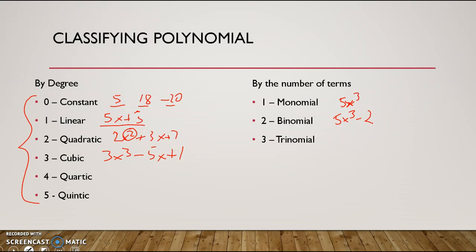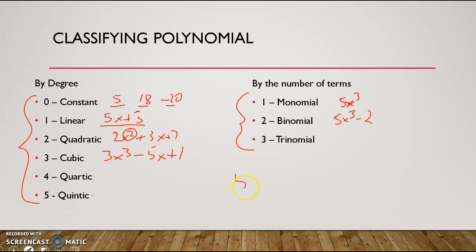This also goes on, but those are the ones I want you to memorize. If a polynomial has more than 3 terms, you would just say it's a polynomial with 4 terms, or with 5 terms. If the degree is bigger than 5, we would say it's a 6th degree polynomial, or a 7th degree polynomial. But these terms you should know.